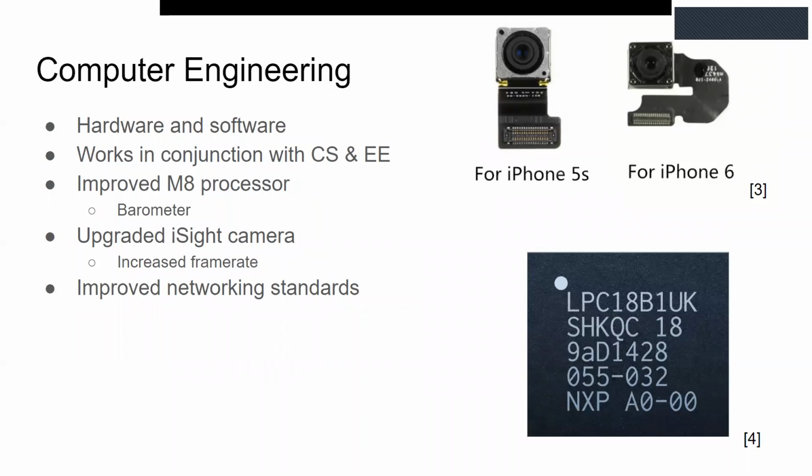So computer engineering is one of the major engineering disciplines involved in the iPhone 6. It involves both hardware and software development and works closely in conjunction with both computer science and electrical engineering.